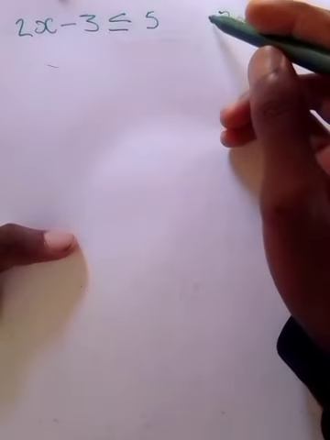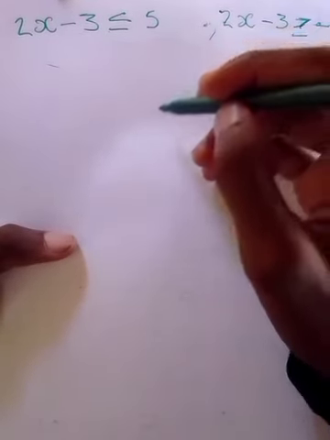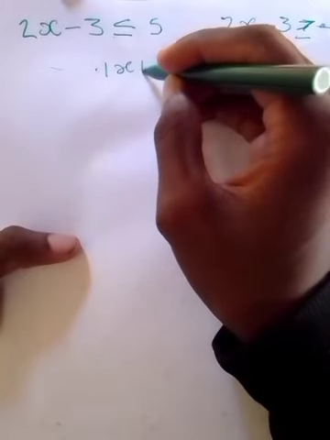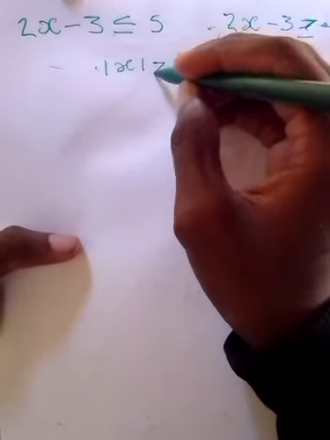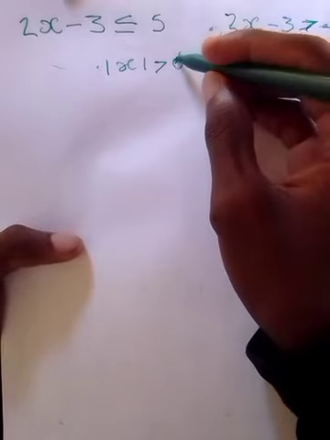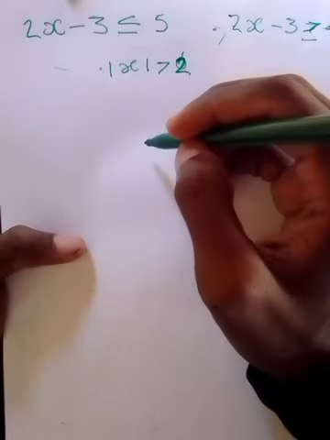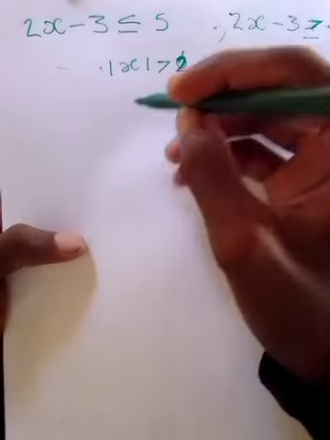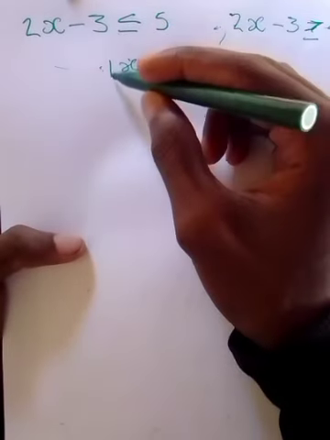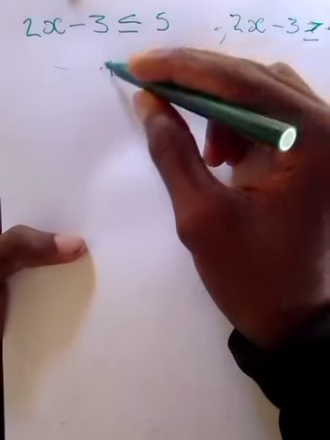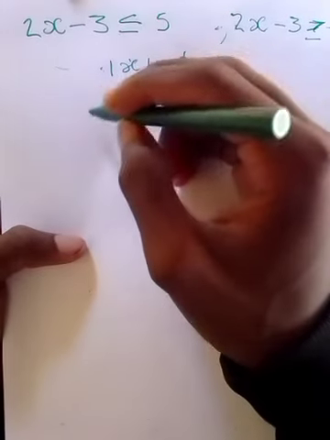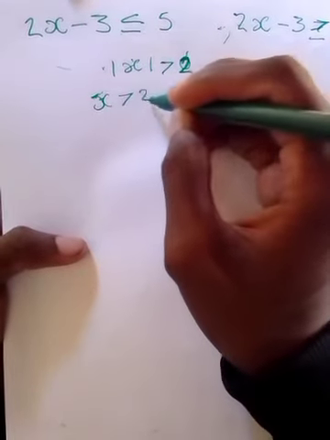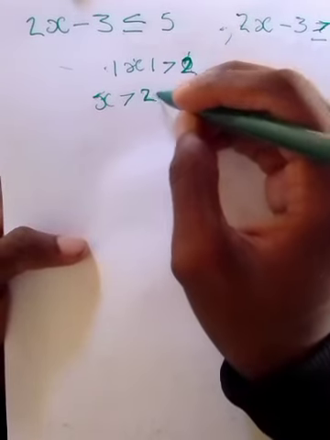If you don't want to have to divide through by negative 1, you just need to know that if you're given a modulus, let's say modulus x greater than a number, I'll put 2, you're going to come up with two equations. The first one will be exactly as the modulus inequality, meaning it is going to be x greater than 2. Nothing is going to change. The first equation, nothing changes.